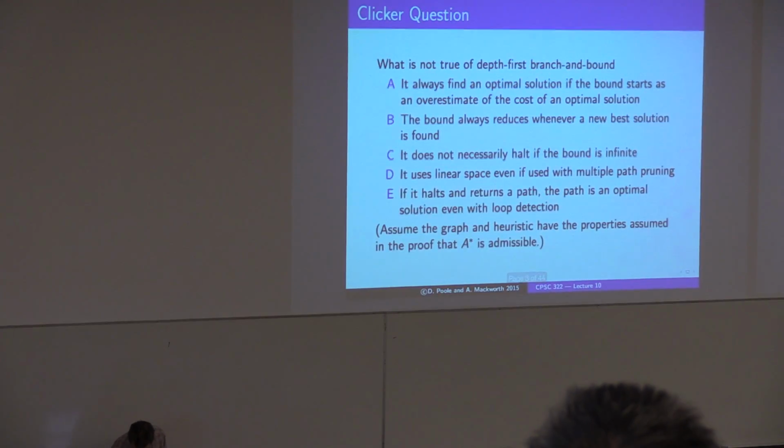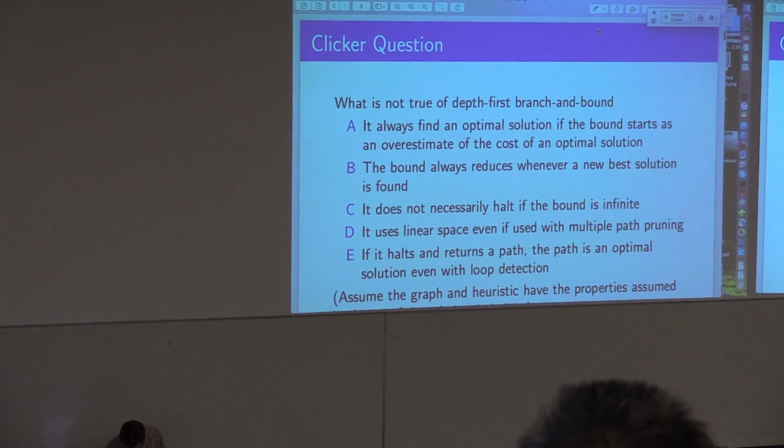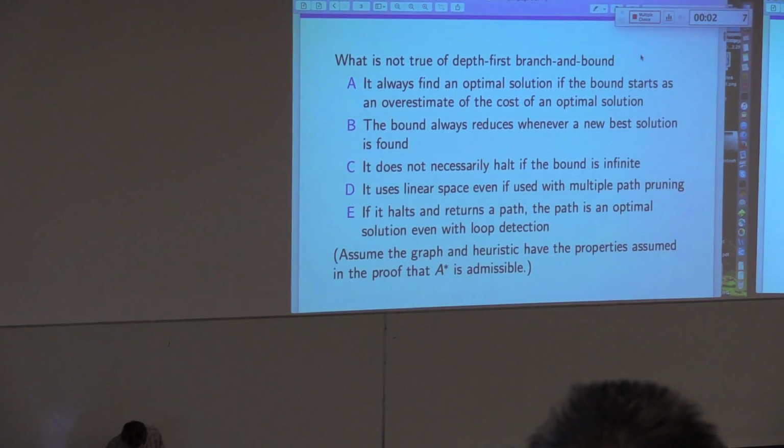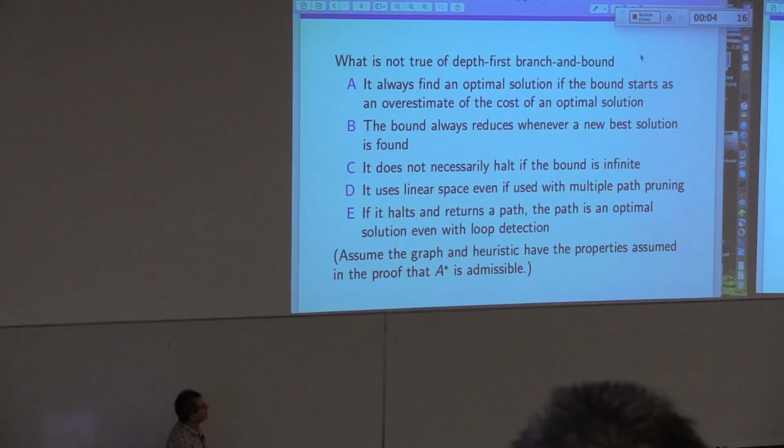So here's a quick question. What's not true of depth first branch and bound search? A, it always finds an optimal solution if the bound starts as an overestimate of the cost of an optimal solution. B, the bound always reduces whenever a new best solution is found.